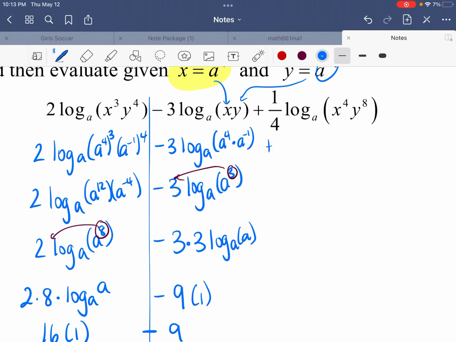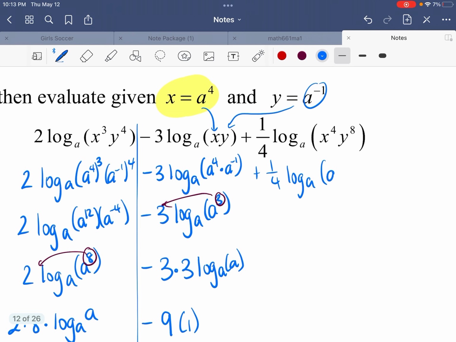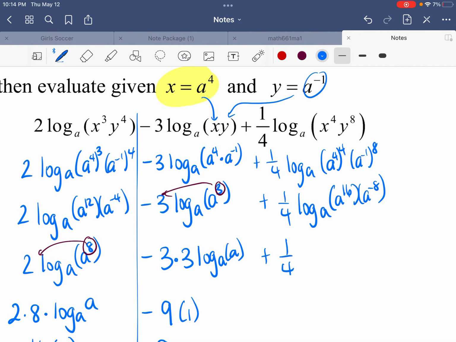Let's simplify again. So plus 1/4 log a, and substituting in a^4 for x, you get a^4 to the 4th power, and a^-1 to the 8th power. That becomes a^16 multiplied by a^-8. And we get log base a of a^8.